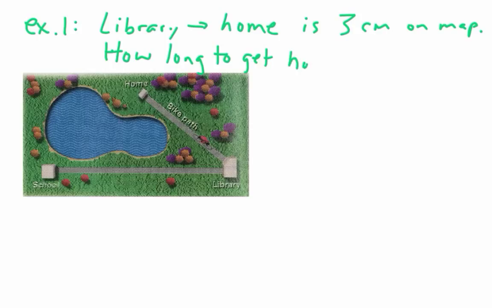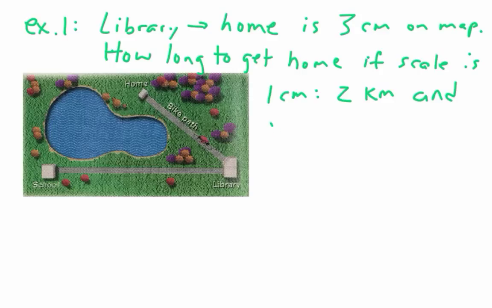So we're not asking for the distance, we're saying how much time to get home, if the scale is 1 centimeter, colon 2 kilometers, so 1 cm to 2 km, and you bike 20 kilometers an hour.